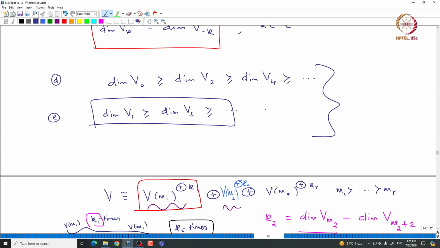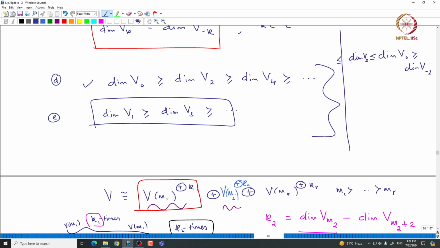Basically, you have both positive and negative weights. So, this first condition indeed tells you that the dimension V0 is bigger than the dimension V2 and also bigger than the dimension V minus 2.